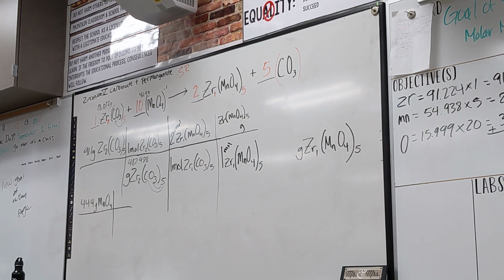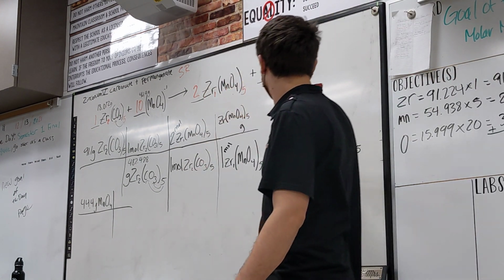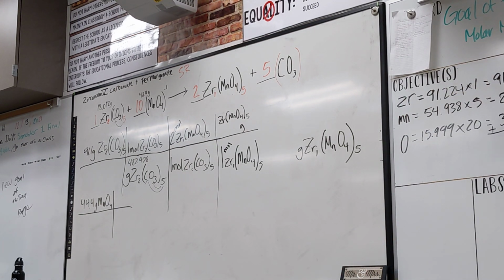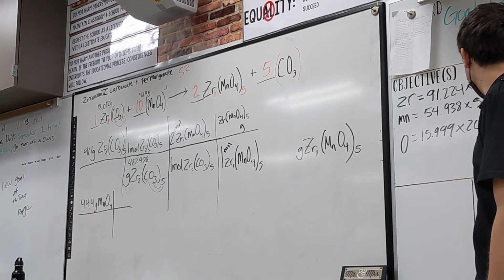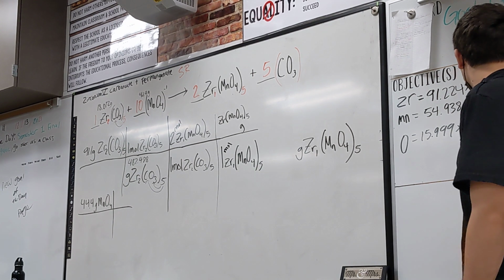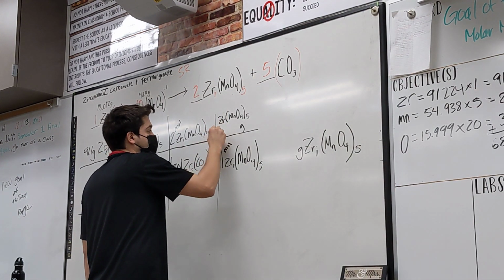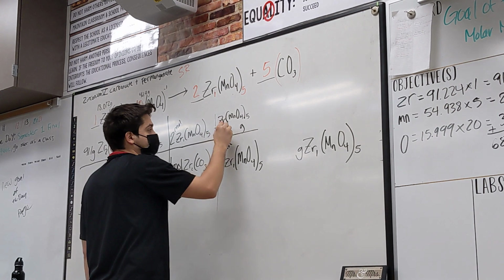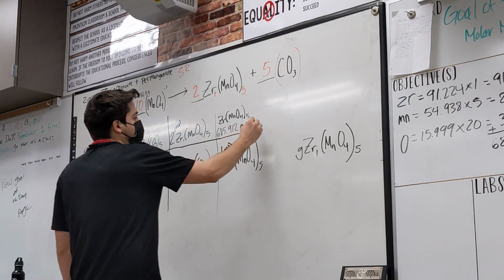Where'd you get the Mn though? You add them all together, right, Miss Chavez? Yeah, all these together. 685.912. Okay, so we got that.